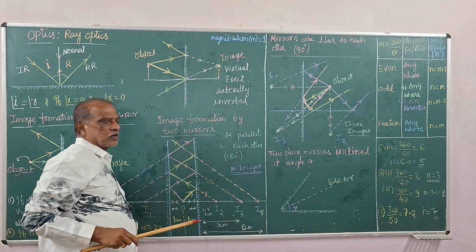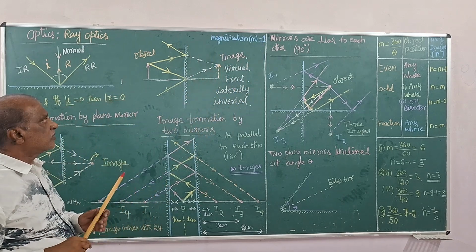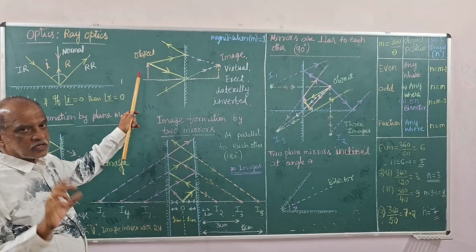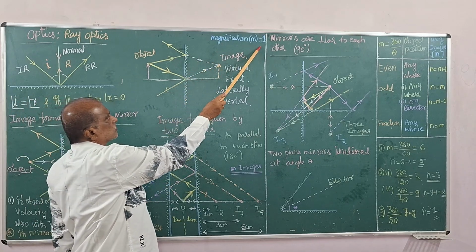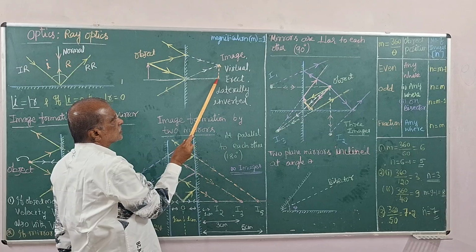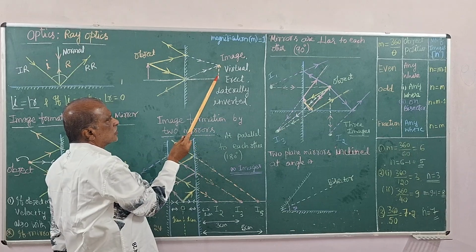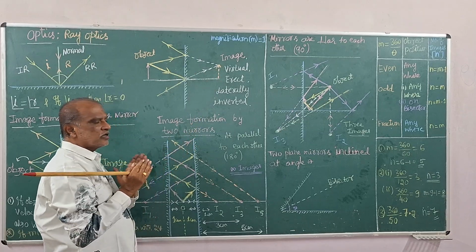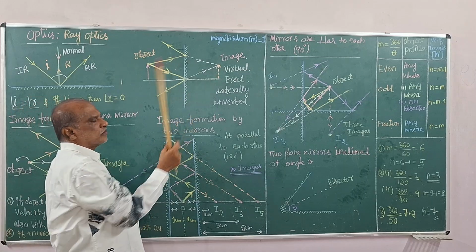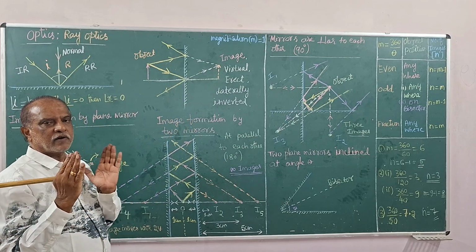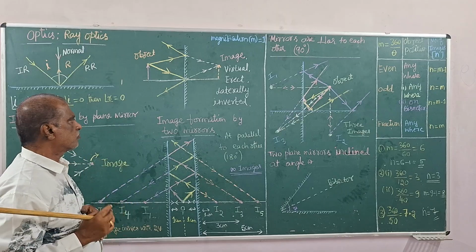The size of the image divided by the size of the object is always 1. Same size, same shape, only lateral inversion takes place. The mirror image is laterally inverted, everything else remains the same.